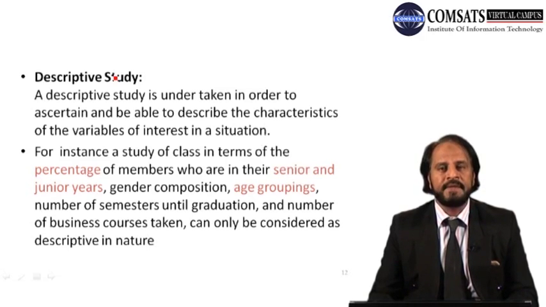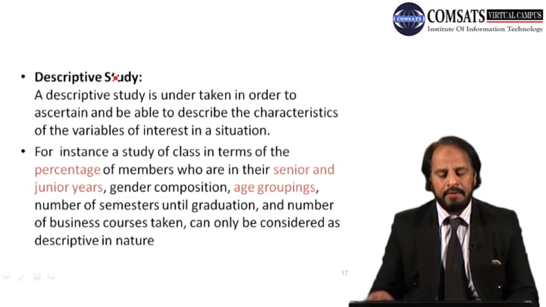The focus here is to describe the characteristics of the variable of interest. If we understand a phenomenon, such as the nature of managerial work, we understand what a manager is and what the nature of the manager's work is.